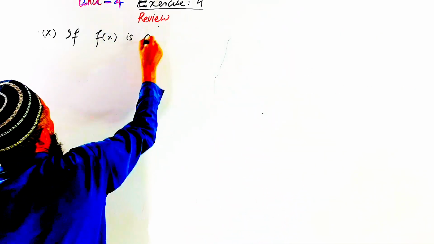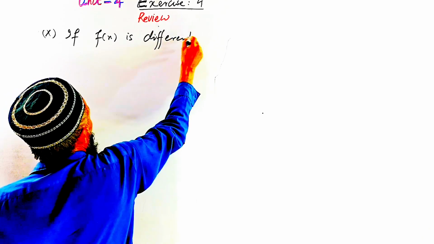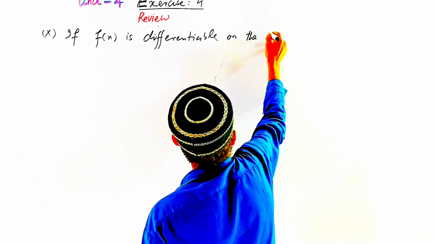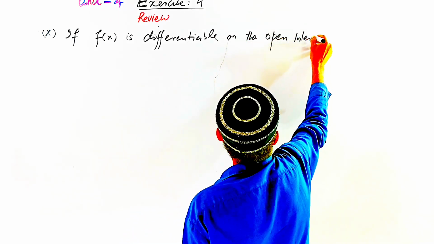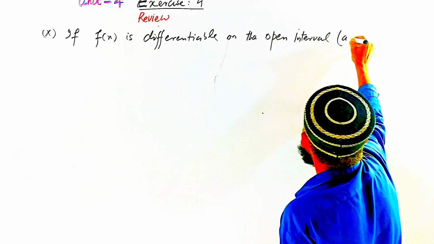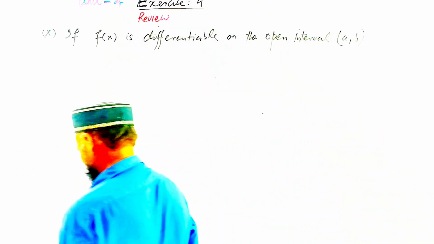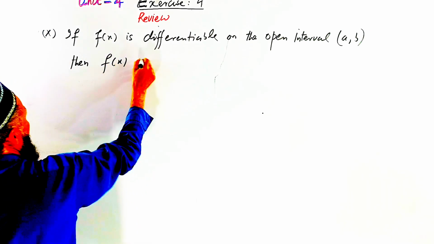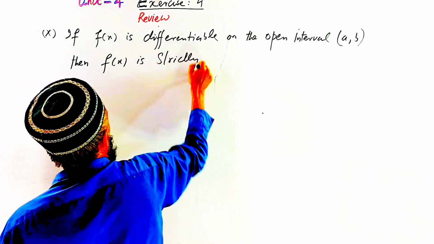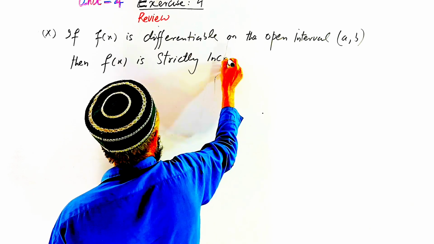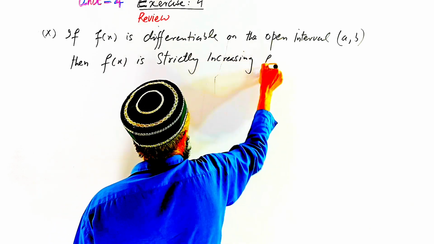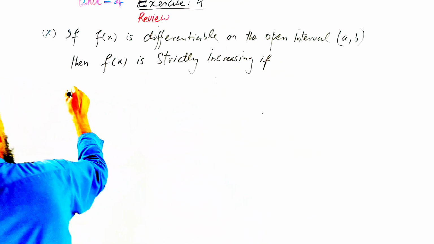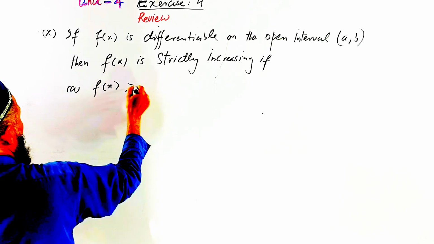If f of x is differentiable on the open interval a, b and f of x is strictly increasing, then which option holds? A: f of x is greater than 0.